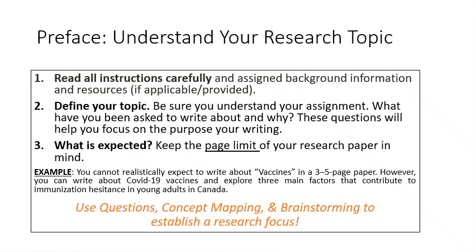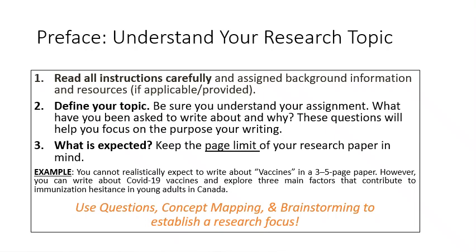And that really helps you when you're trying to narrow down your sources that you're going to use. So for example, you cannot be expected or expect yourself to write about vaccines, just in general, in a 3 to 5 page essay. That would be too broad of a topic for such a limited page number.